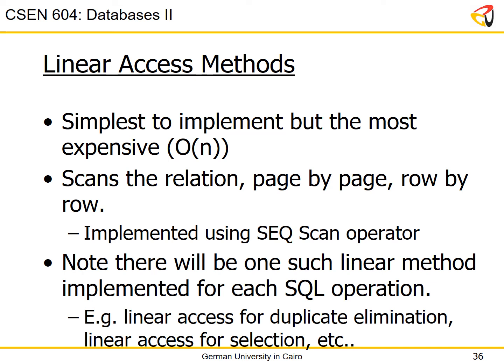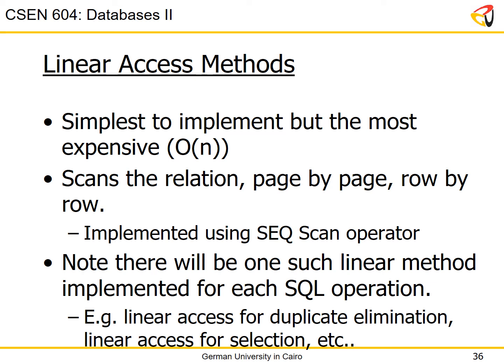And then there is another linear access method for selection, which means go from the first row to the last row, looking at the rows and figuring out if this specific row I'm looking at matches my selection criteria, and if it does, include it in my result set. And this goes on for all SQL operators and functions you can think of. And another one for delete, another one for update, okay?